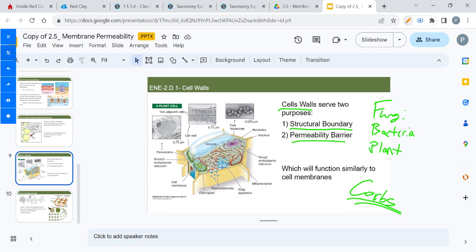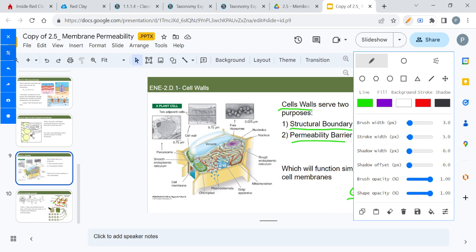The way I describe it is that there are little tiny holes or pockets in between all the layers of the cellulose or the cell wall, the chitin, that you're able to just move through. We'll show you that in a second.